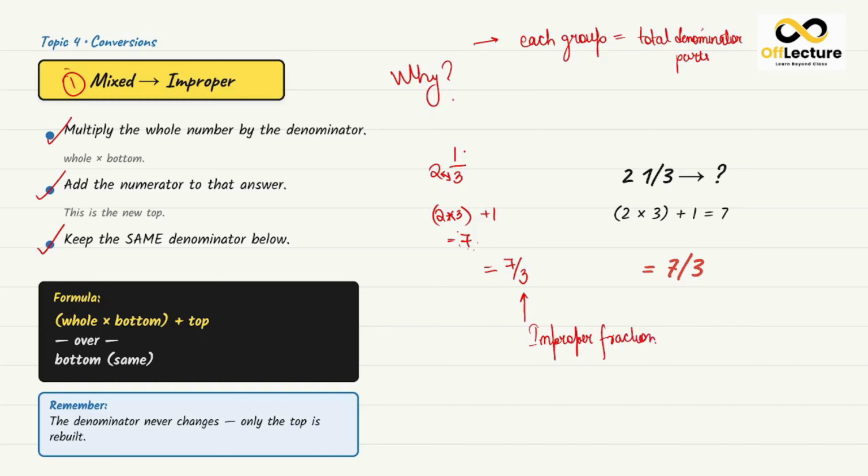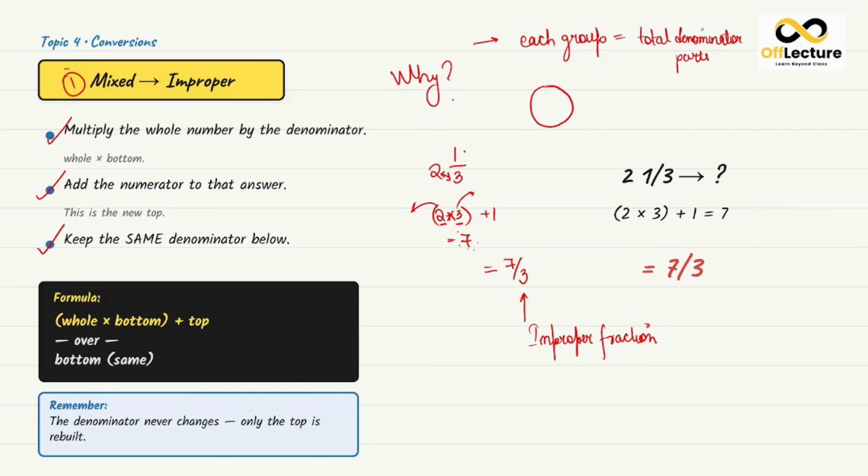And why are we multiplying 2 into 3? Because 3 is the denominator and 2 is the number of whole parts, and every whole part is equal to the total denominator parts.